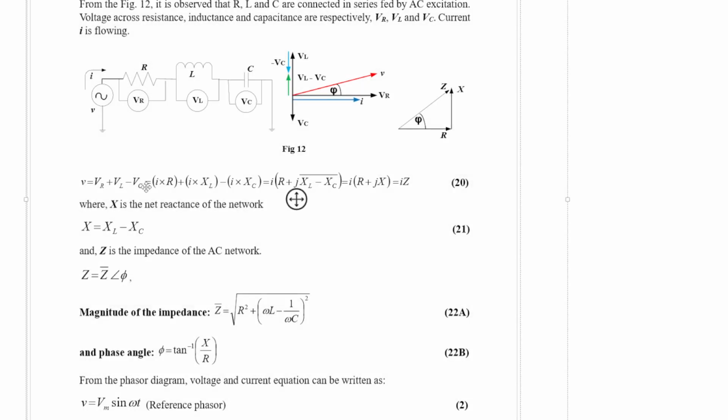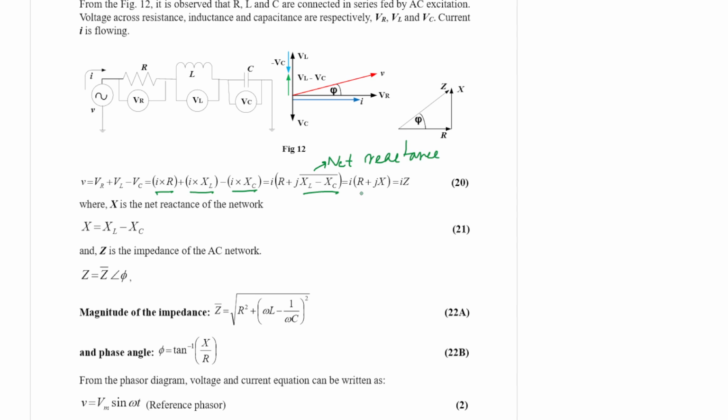VR is equal to I into R. VL is equal to I into XL. VC is equal to I into XC. Then if you take I common, V is equal to I into R plus j XL minus XC. XL minus XC is called the net reactance.